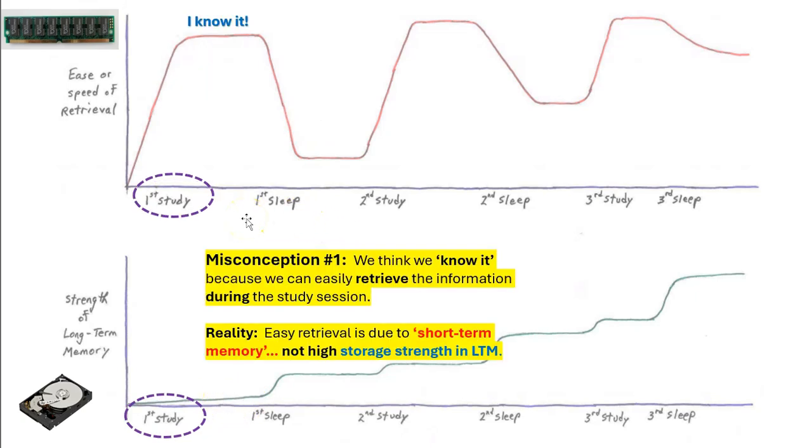Now, this situation presents the learner with a possible misconception that they might fall prey to, that we think we know the information because we can easily retrieve the information during the study session. But the reality is, easy retrieval is due to short-term memory, not high storage strength in long-term memory.